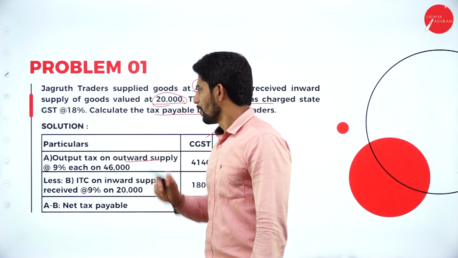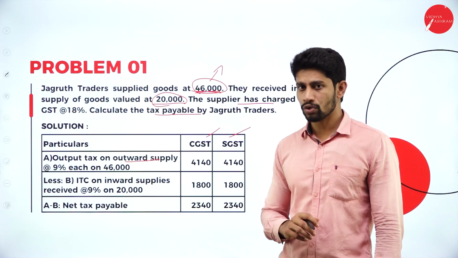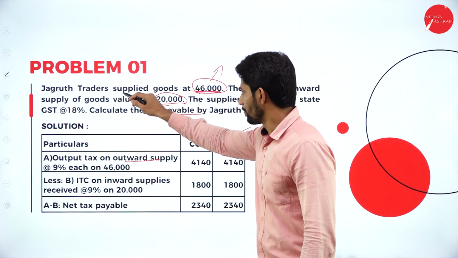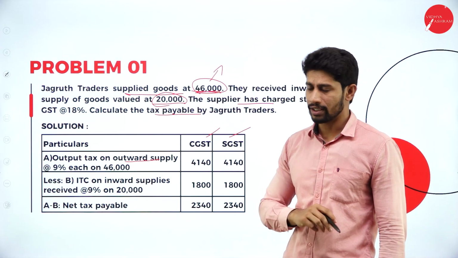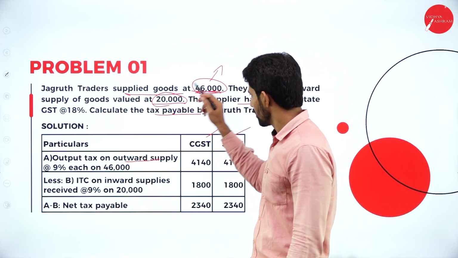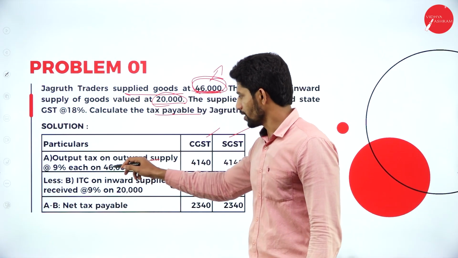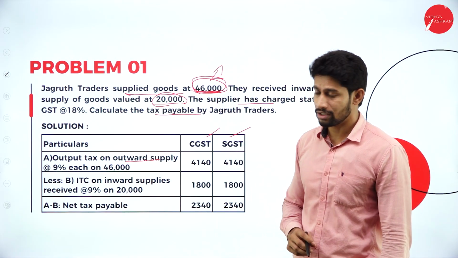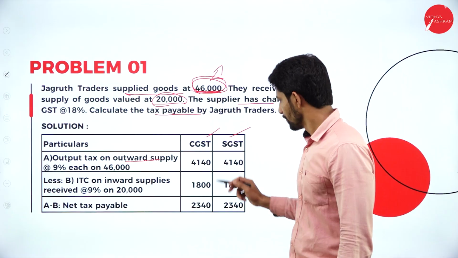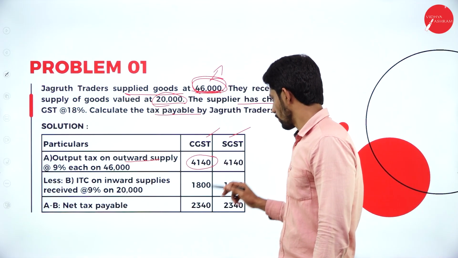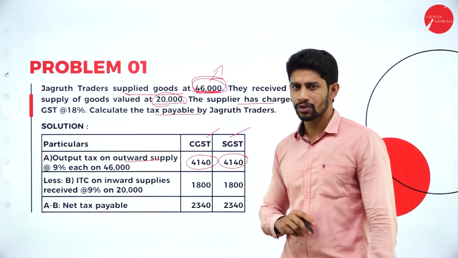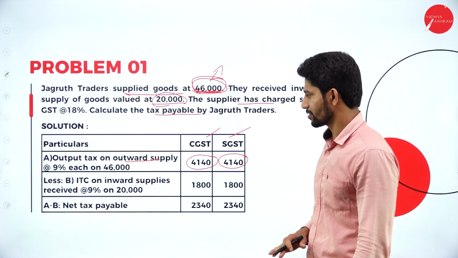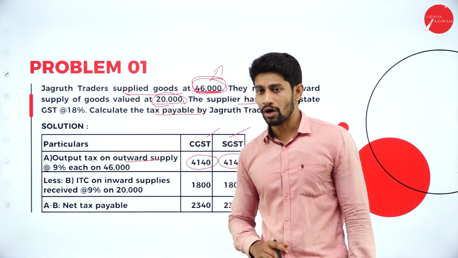So here, first we are supposed to take the outward supply. That means the supply made by Jagrut traders. So what is the price? It is 46,000. So 46,000 into 9% each for CGST and SGST, you will get 4,140 and 4,140. Right. Next, less ITC on inward supply.